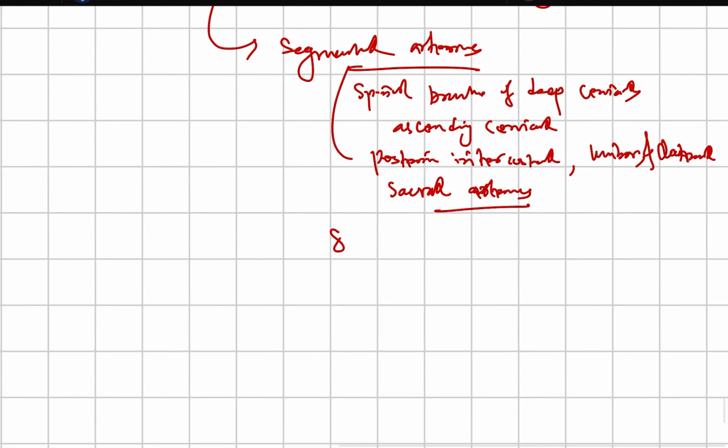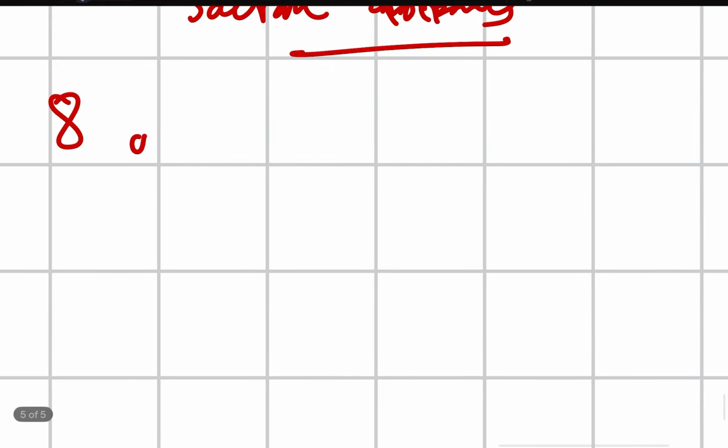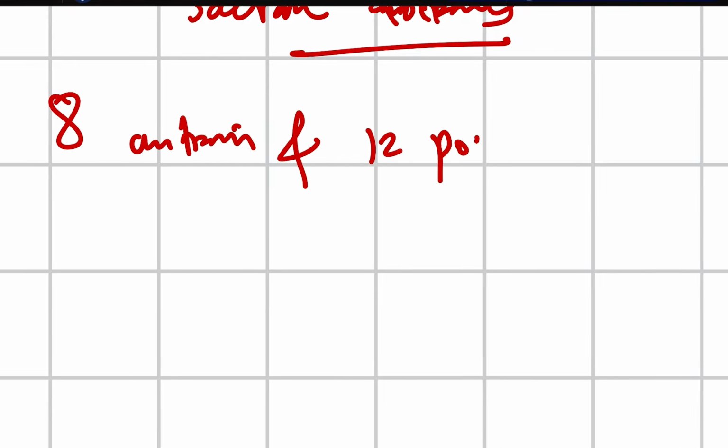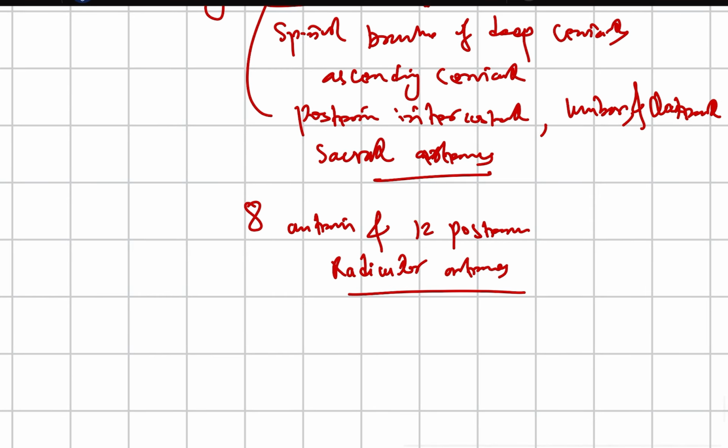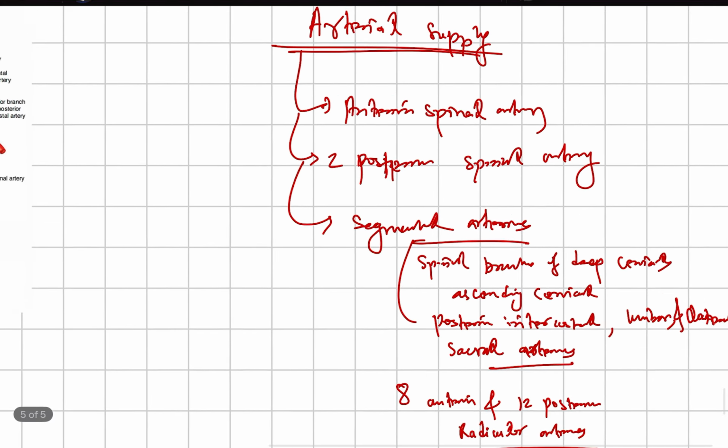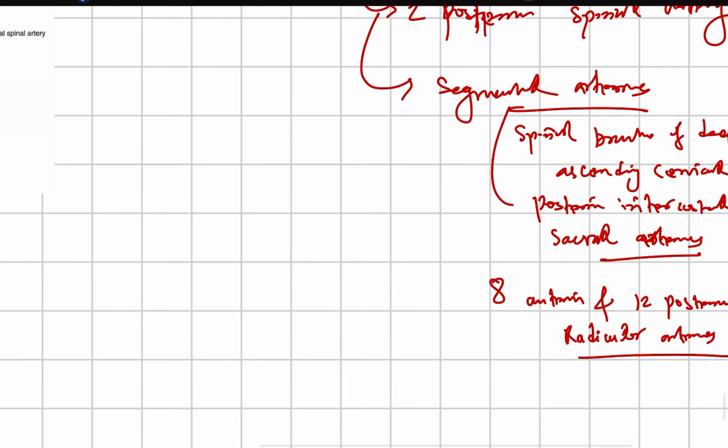There are 8 anterior and 12 posterior radicular arteries also. So that is the arterial supply.